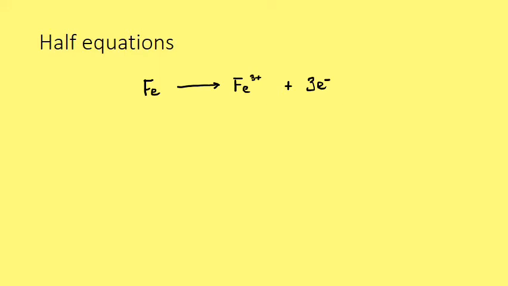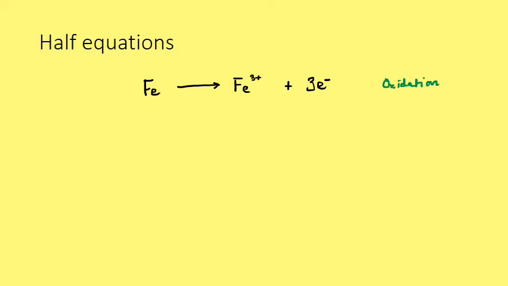So it's lost those 3 electrons. All right, so if the iron atom has lost those 3 electrons when it becomes an iron ion, then it has been oxidized.